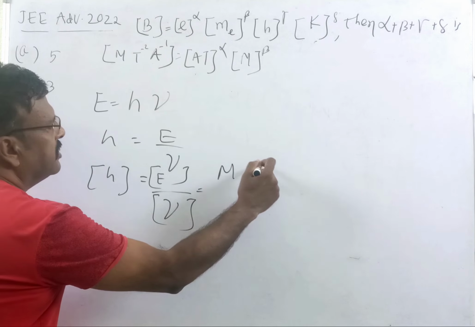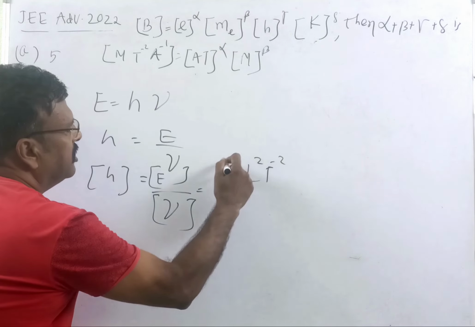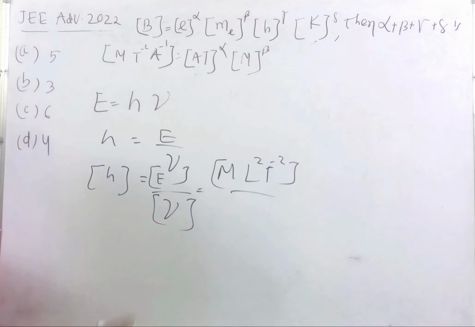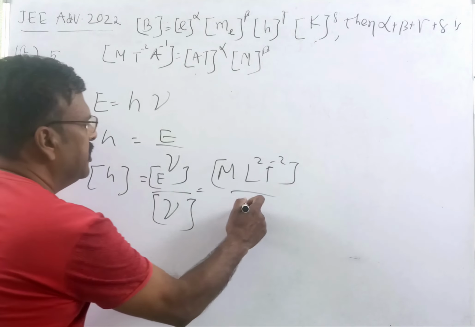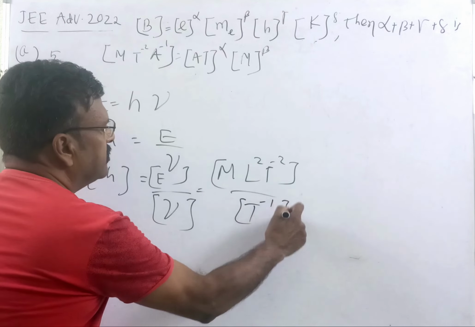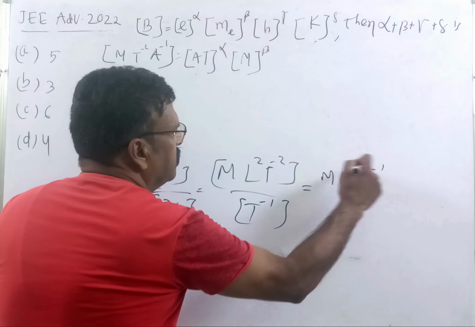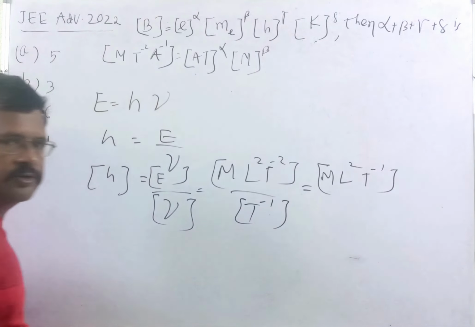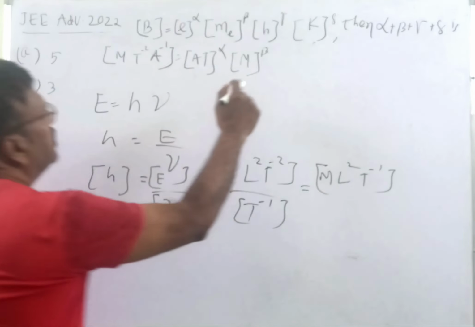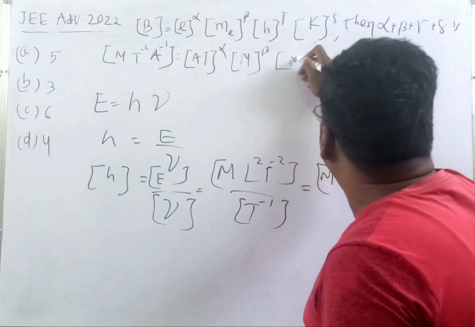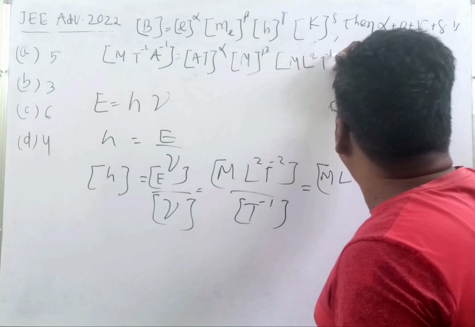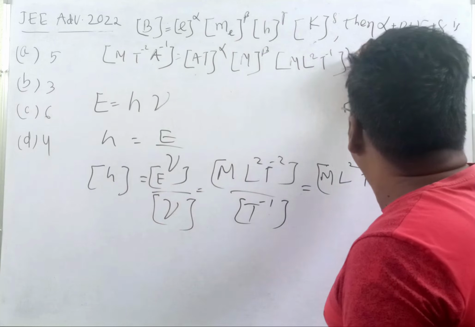All forms of energy have dimensions ML2 T minus 2. And what is frequency, student? This is 1 by time period, then this is 1 by T, or T to the power minus 1. So Planck's constant will have dimensions ML2 T minus 1. Okay, students, we will write it here for h: ML2 T minus 1 to the power gamma.